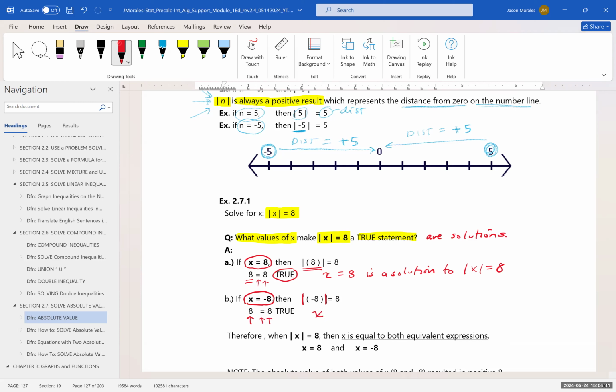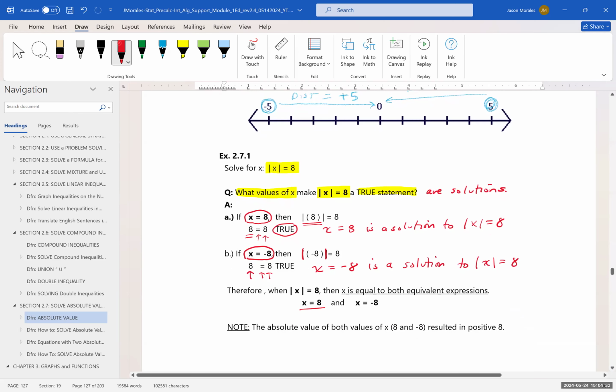What that means is that x equals negative 8 is also a solution to the absolute value of x equals 8. So when the absolute value of x is equal to 8, x is equal to both of these values. So x actually has two solutions.